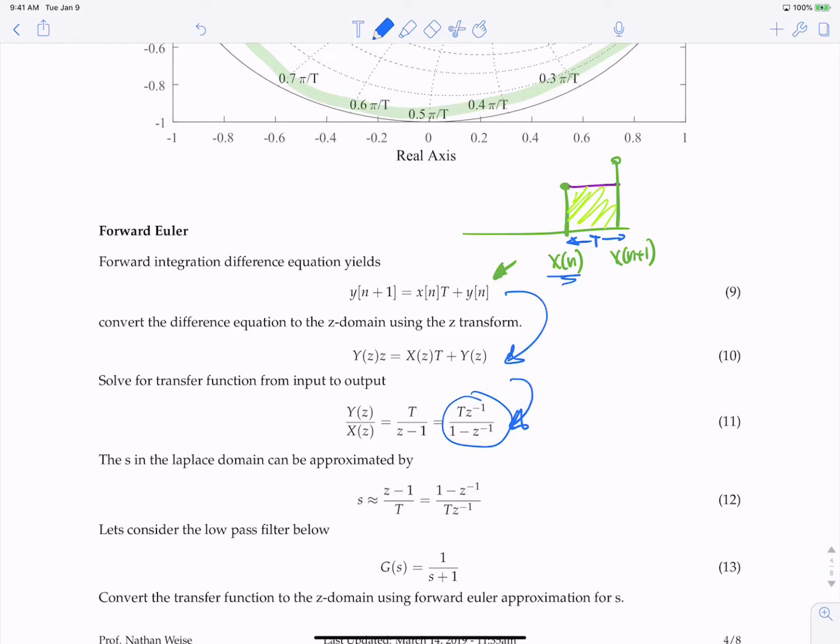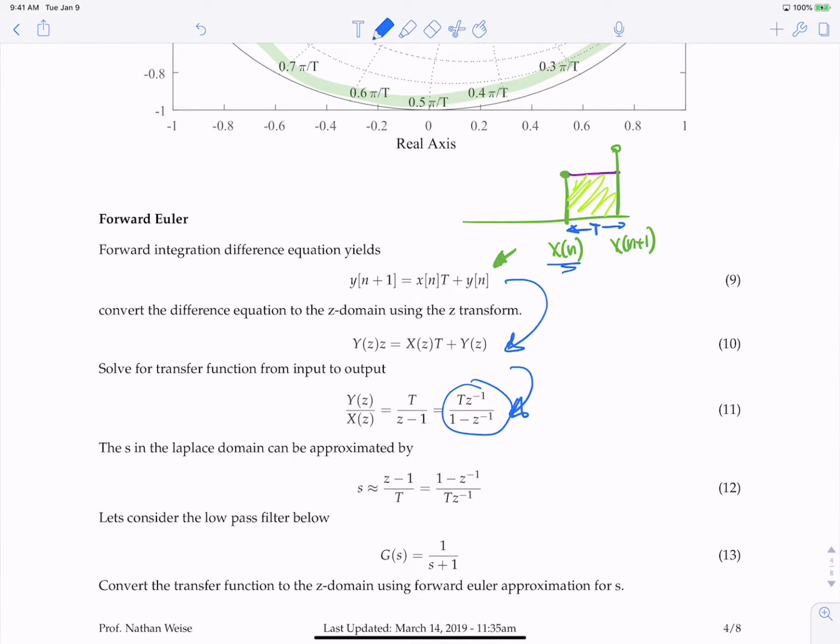You can see here we have a 0 and we have a pole. The 0 is going to be at 0 and the pole looks like it's going to be at 1. Interesting. Now remember I said this was an integrator, right? It approximates in the Laplace domain 1 over s. So we can actually get an approximation between the frequency or Laplace domain and the z-domain by using forward Euler.